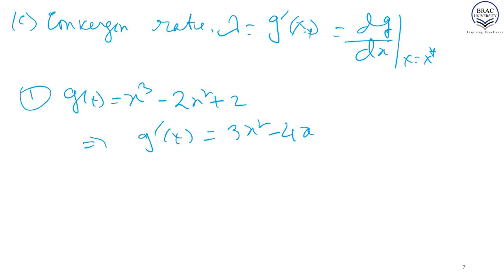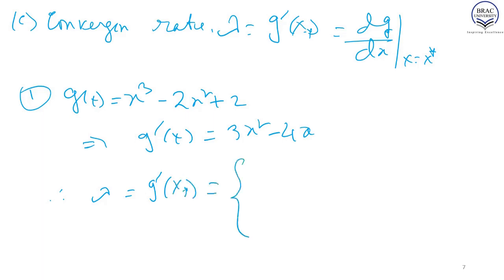Now let's compute lambda. We need to put x equal to plus 1, minus 1 and 2, then we get a lambda at plus 1, minus 1 and 2. So lambda equal to g prime at x star. Now we have three results.